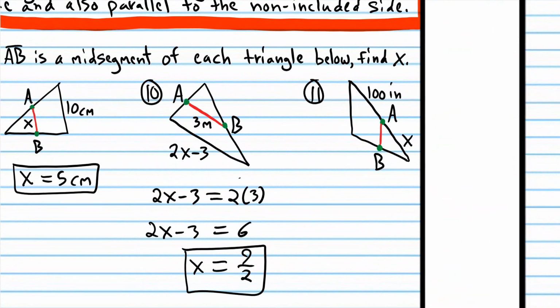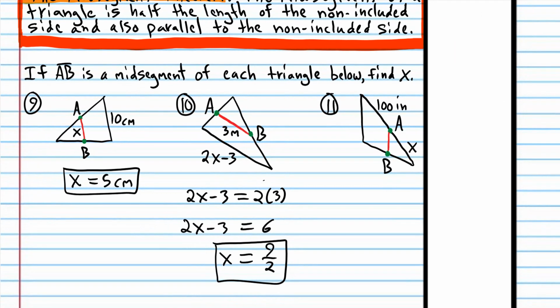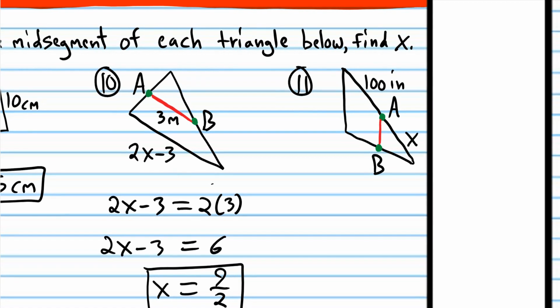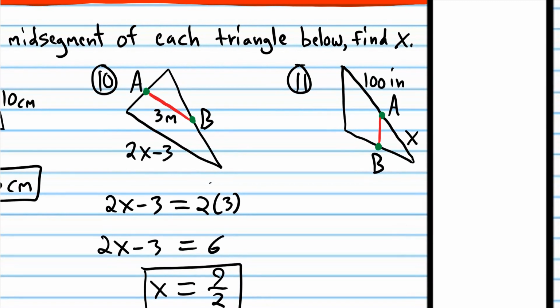All right, on number 11, this is kind of a twist problem. If AB is a midsegment, that means that by definition, this length must be equal to this length. So if we're looking for x, x just must be this 100 inches. x is 100 inches.